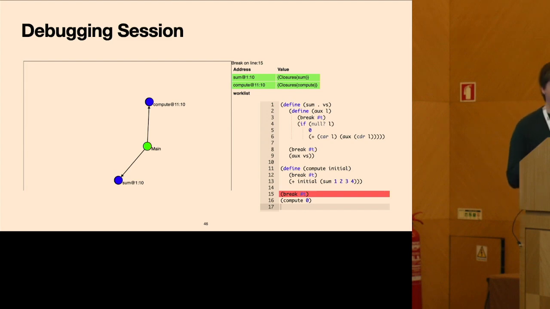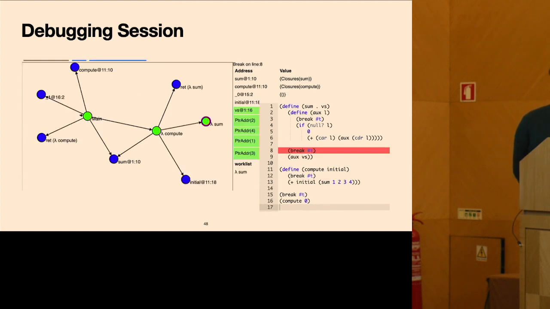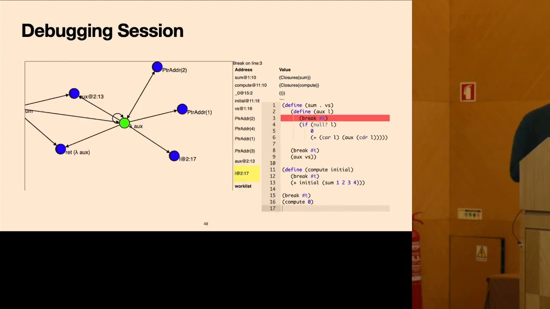And in the beginning, of course, it goes to the main function, then it goes to the compute function, it goes to the sum function, and then it goes to the aux function. And each time you have seen that in the background of my slides, the store was updated. We had these things highlighted in green, and we have these things highlighted in yellow to see what things changed and were added in the store.